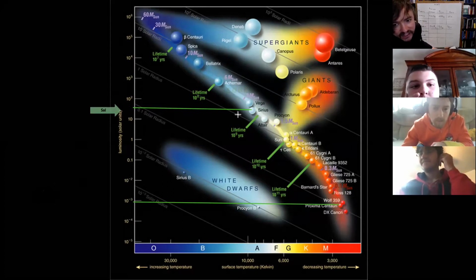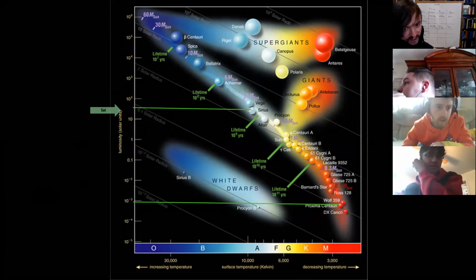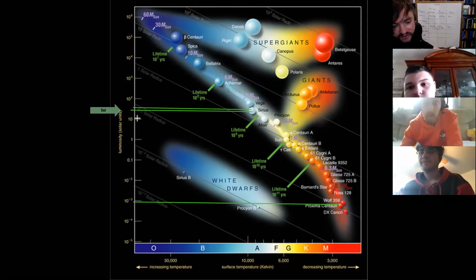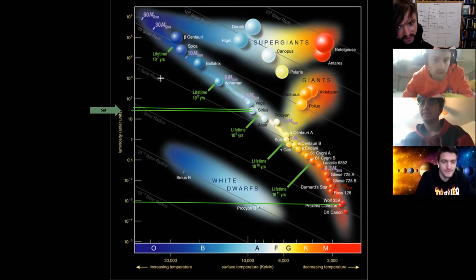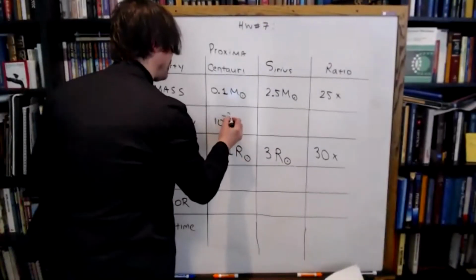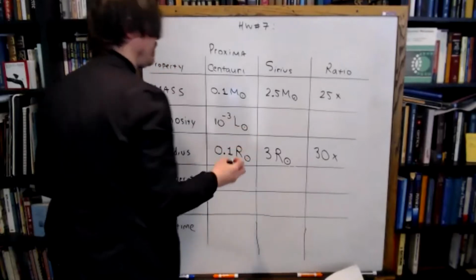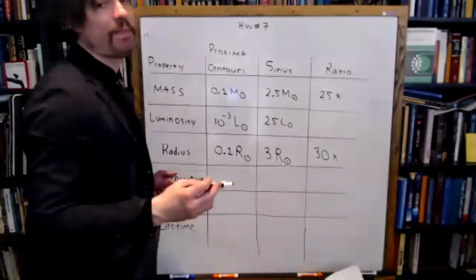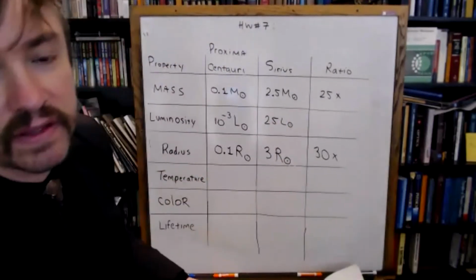I think it actually turns out to be 30, but it sure does kind of look like 50 here, huh? I think the correct answer for Sirius is 25 times, actually. So what was Proxima Centauri? 10 to the -3rd. Yeah. So here for luminosity, we have 10 to the -3 solar luminosity units. And I believe Sirius, it did look like 50, but I happen to know the correct answer is 25 times that of the sun.